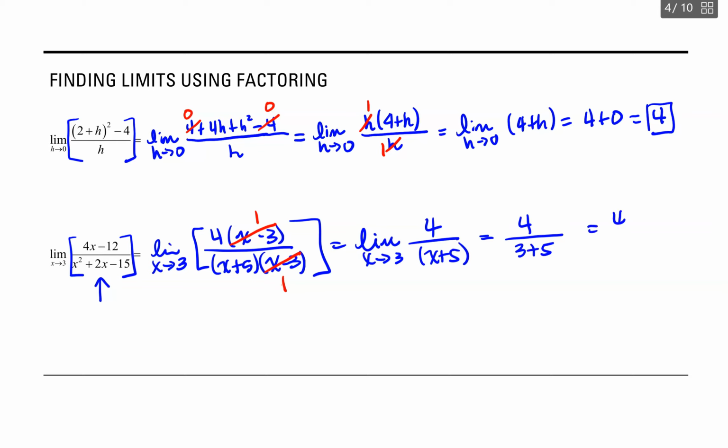So that would give me 4/8, or 1/2. So as x gets closer and closer to 3, this function 4x minus 12 over x squared plus 2x minus 15 gets closer and closer to 1/2. I hope this helps.